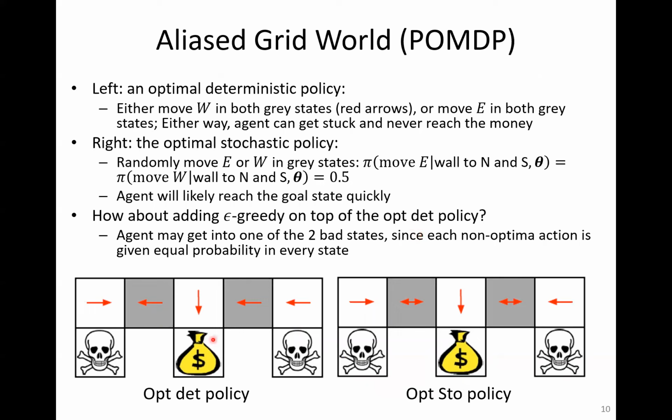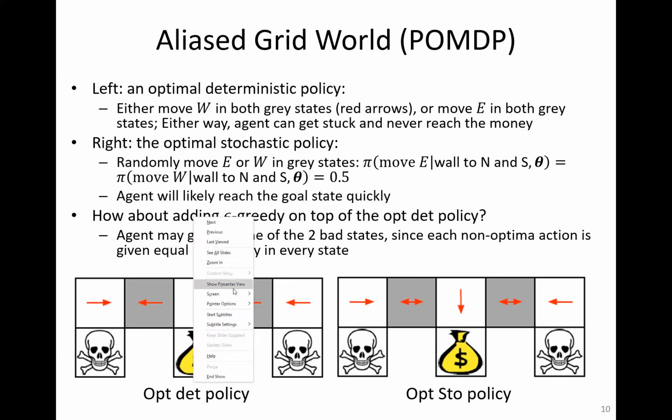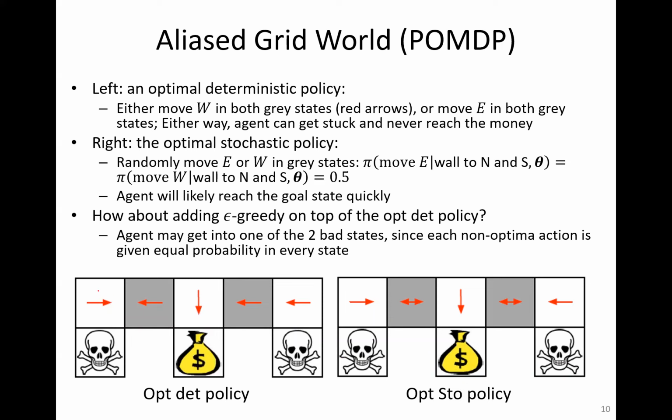So here on the left, it shows the optimal deterministic policy. The actions in these states are pretty obvious. In this state, it should go right. In this state, go left. In this state, it should go down to get the reward. So these three states have obvious, correct, optimal actions, but these two states are more problematic.